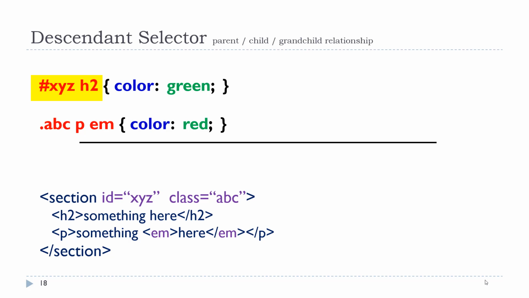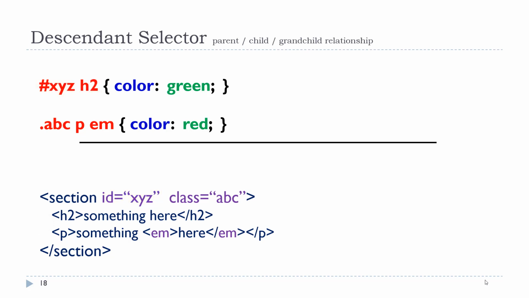Well, we see that the section element has an ID attribute set to XYZ. And since IDs are unique, we know that this is the only area in the web page where this H2 is going to be relevant. This style will be applied to any H2 that is a descendant of ID equals XYZ.